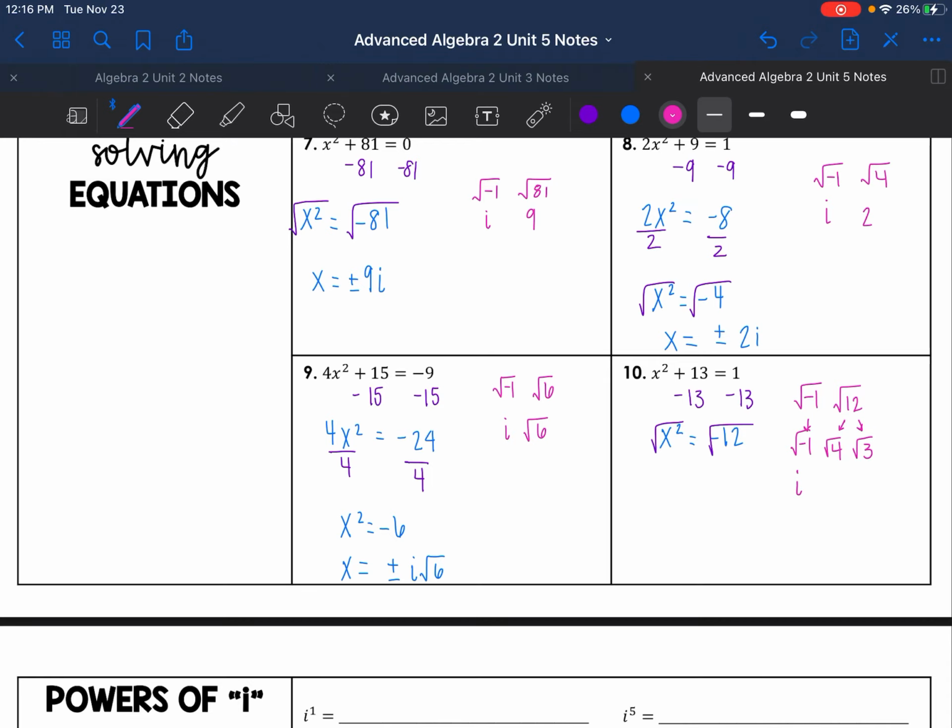This becomes i, the next one becomes 2, and the square root of 3 stays. And when I put my answer together, we get x equals plus or minus 2i radical 3.